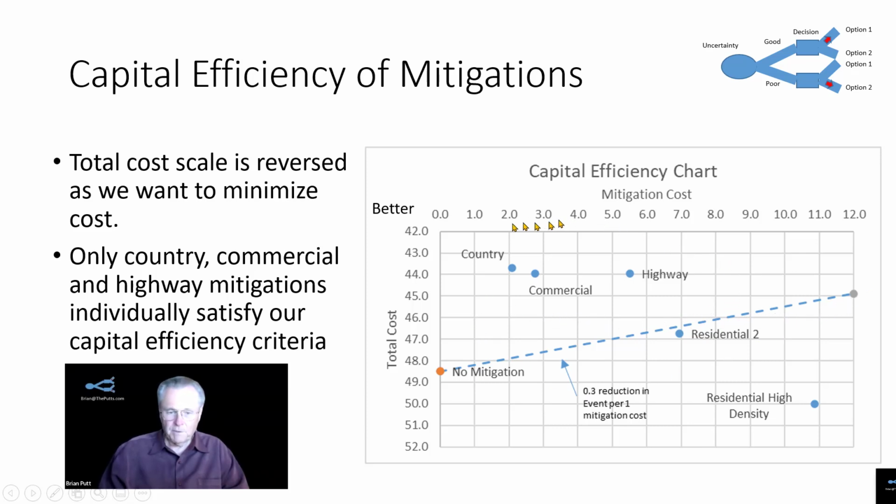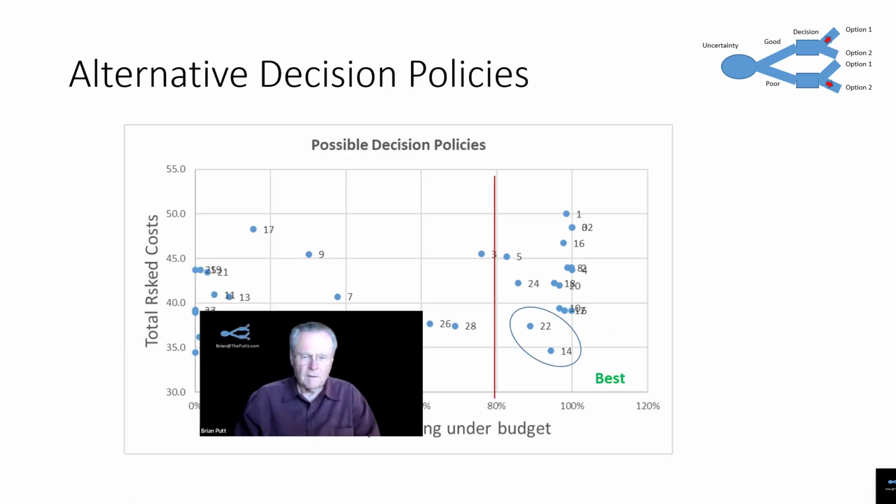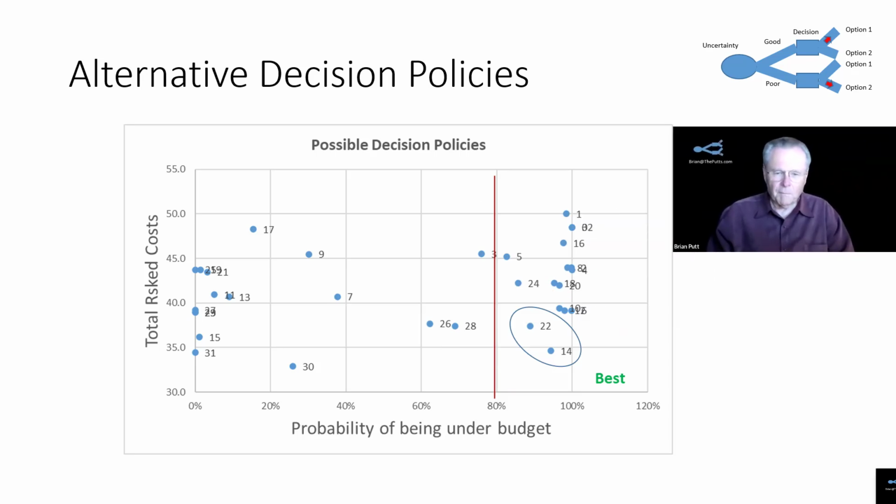So these events up here meet the threshold. Please note that this total cost axis is in reverse order. So this is better up here. This is worse down here. This is higher mitigation cost and high cost. I then looked at all possible combinations of the pipes.